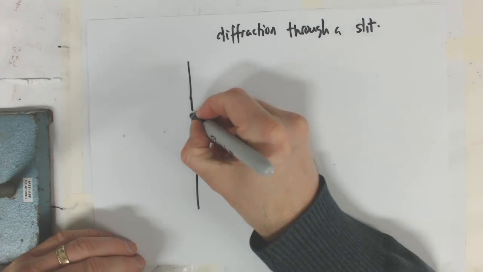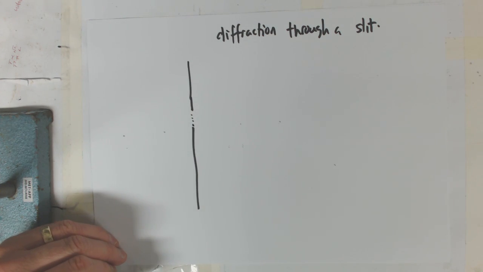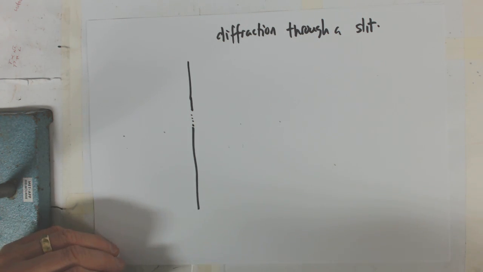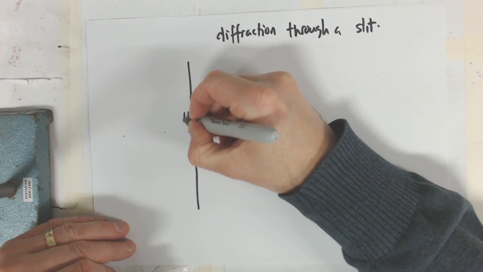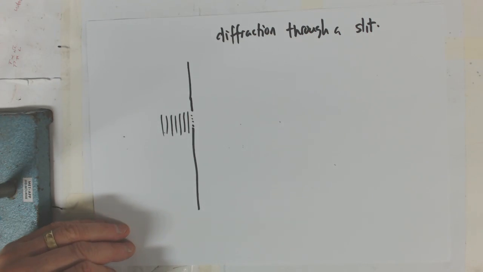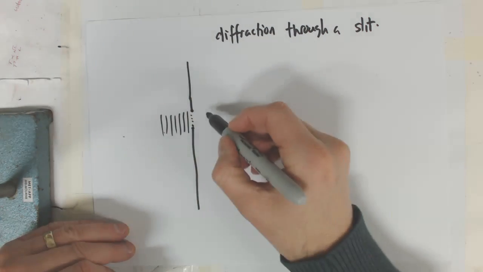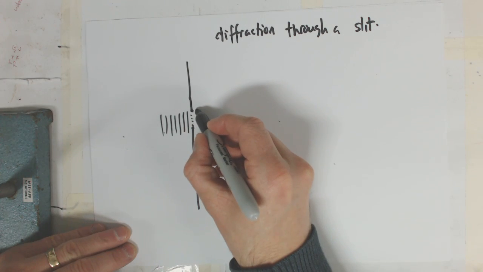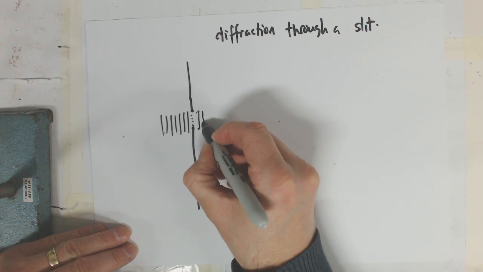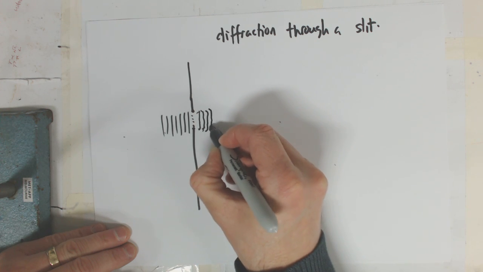You probably all know the Huygens interpretation of all those little points in space being sources of the wave. The point is, when you have very small wavelengths compared to your gap, we've said that you get very little diffraction.